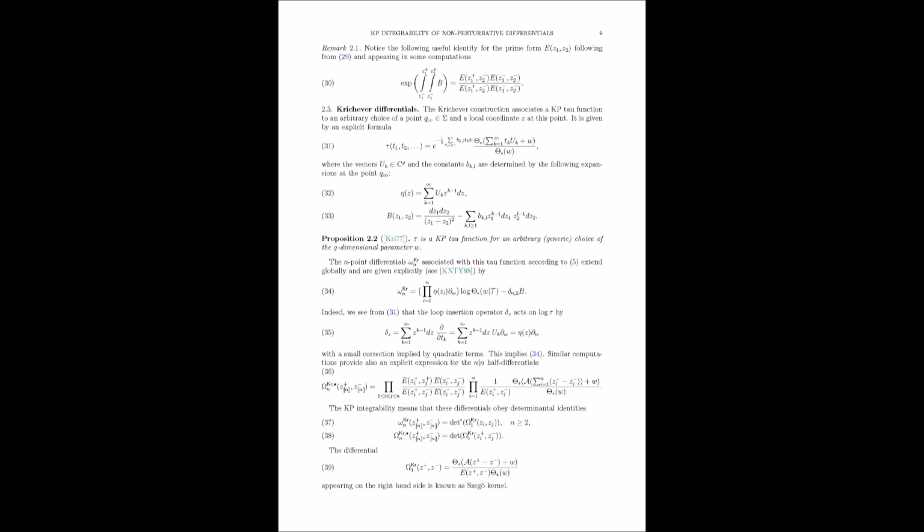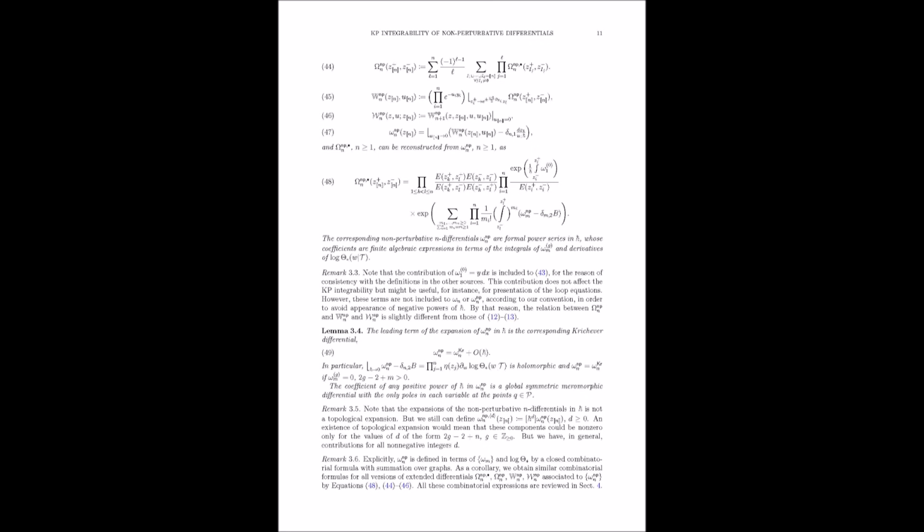Of course. So Krichever differentials are a specific type of differential form that are constructed using certain geometric objects on a Riemann surface. And we need three things: a Riemann surface, a line bundle on that surface, and a point on the surface. Now think of the line bundle as attaching a vector space to each point on the surface. I'm picturing that.